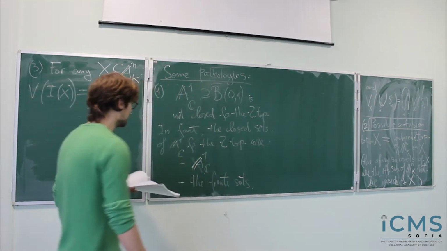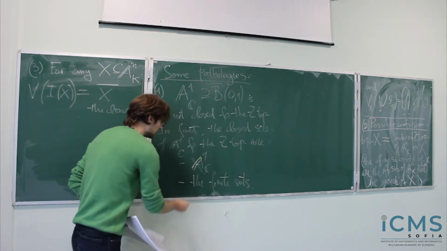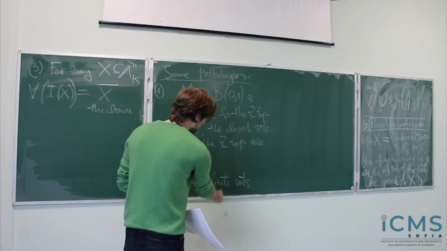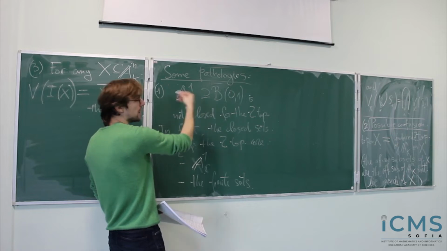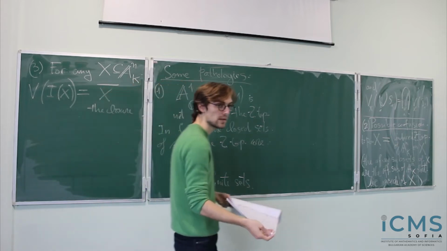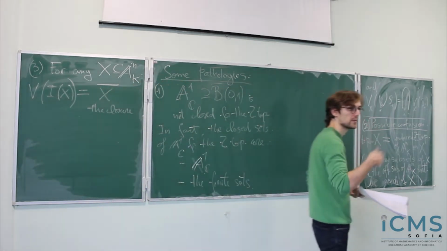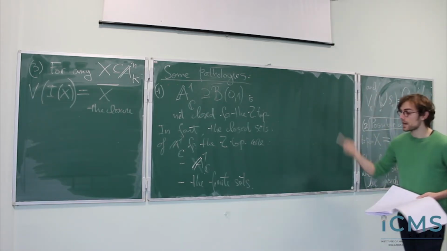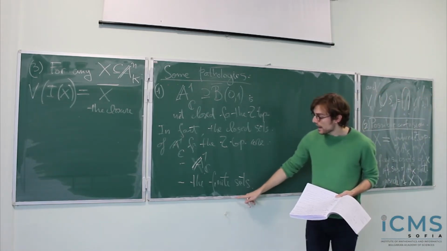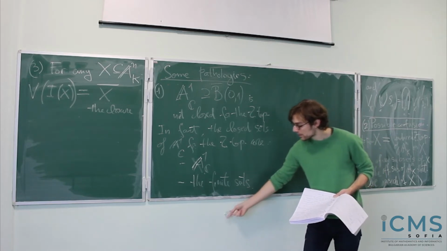So how do you establish this? Well, simply put, if you consider an ideal inside of the coordinate ring of A1 of C, its coordinate ring is just the polynomials in one variable. So it is principal, generated by a single polynomial.